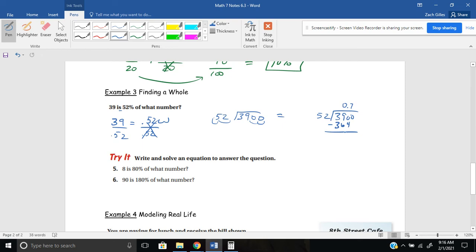When I subtract those, I would come up with, let's see, borrow, so that'd be 26. And bring down my 0. And 52 goes into 260. Let's see, 5 times. If you round this to 50, 50 goes into 250 5 times, and it's exact. 5 times 52 is 260. So 0.75.